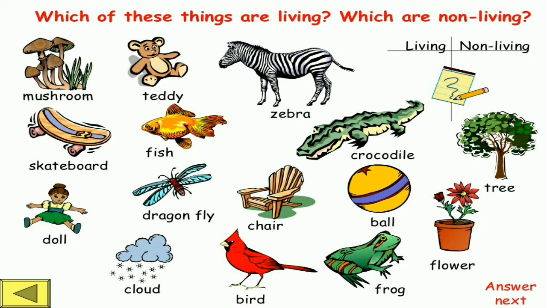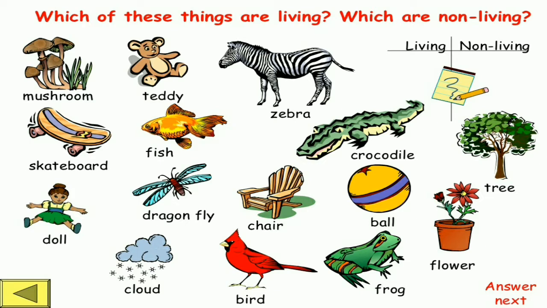So that's why the teddy is a non-living thing. Zebra. A zebra is a living thing because a zebra eats, grows, and can breathe, and also a zebra can give birth to young ones, and that's why it's a living thing.